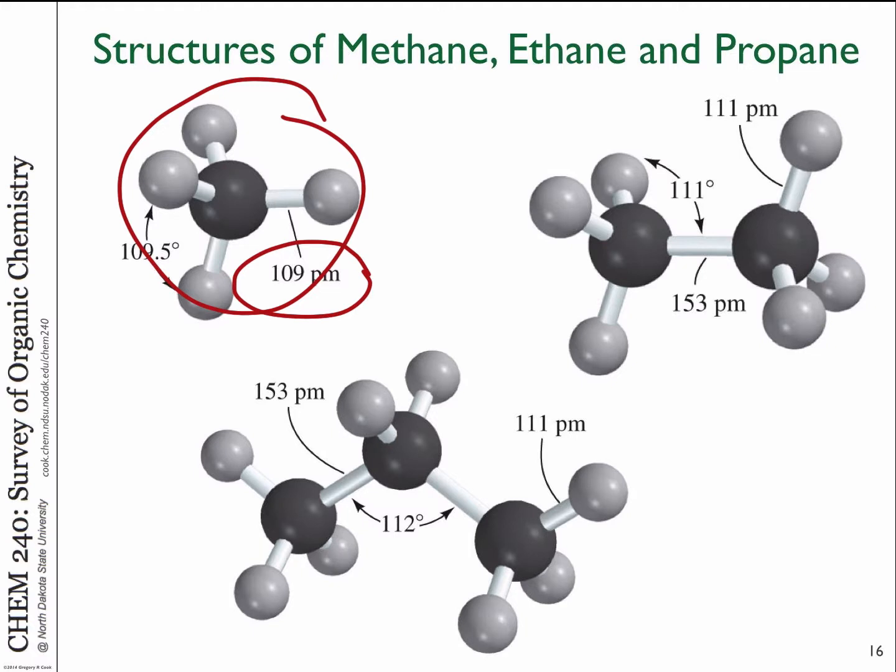Take a look at ethane here. Notice that the bond angle from hydrogen to carbon, that bond angle is not 109, it's a little bit larger. Why do you think that's a little bit larger? Yeah, actually, steric size.